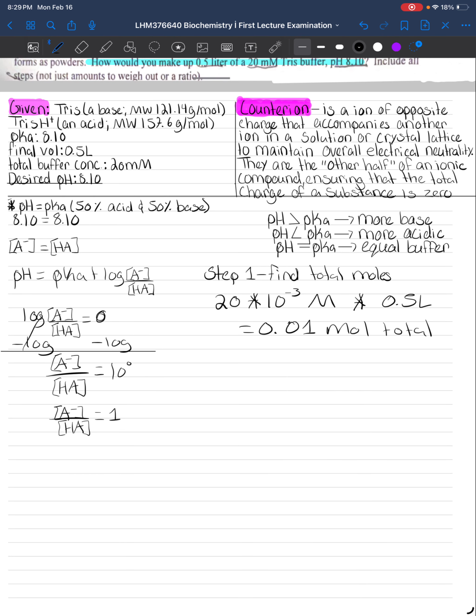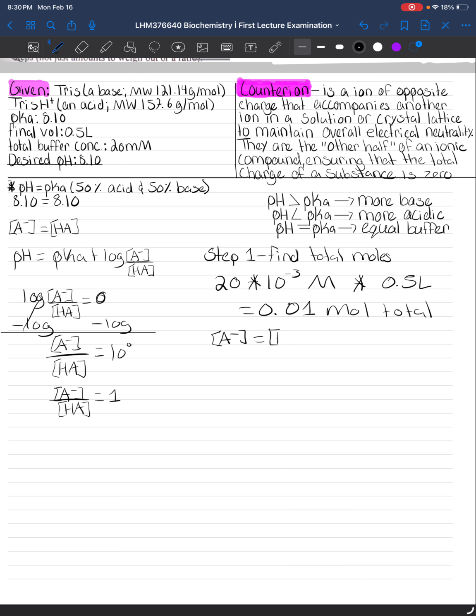And since A minus is equal to HA, we can just do 0.01 moles over 2, because it's split equally into 2. When we divide that, we're going to get 0.005 moles each.